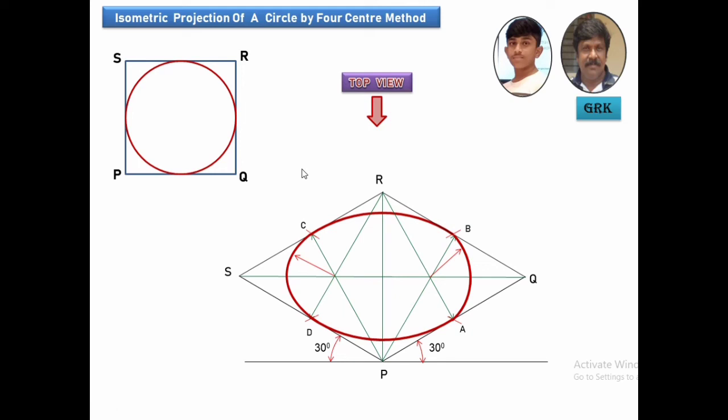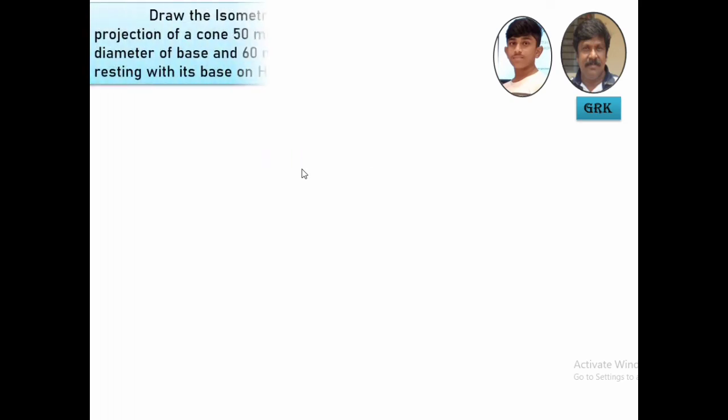Very important for drawing the cylinders, the cone, or any problem with a combination of those things. Now let us take one typical example: how to draw a cone which has a diameter of 50 mm and height 60 mm, resting on HP.